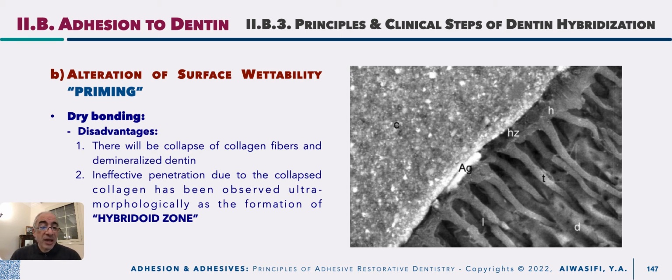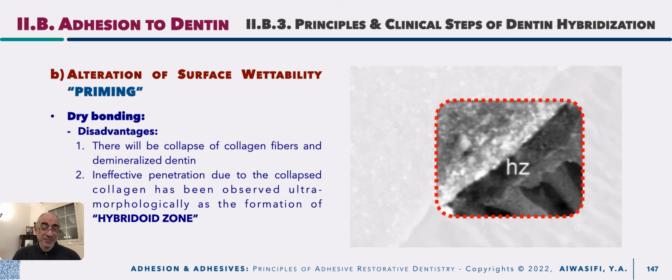This area of collapsed collagen will prevent getting an effective hybrid layer. There will be an area that may be devoid of priming and bonding and devoid of hybrid layer due to improper expansion. This is called the hybridoid zone. Then your hybrid layer will not be uniform.